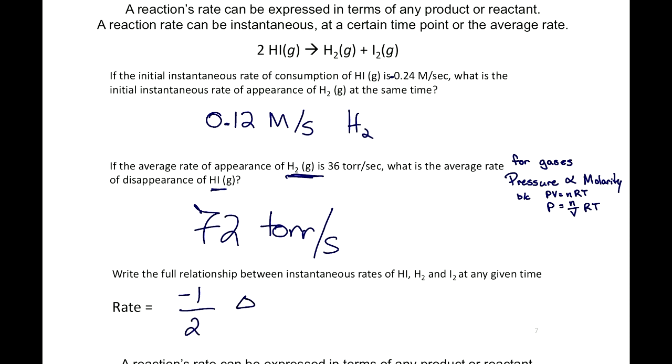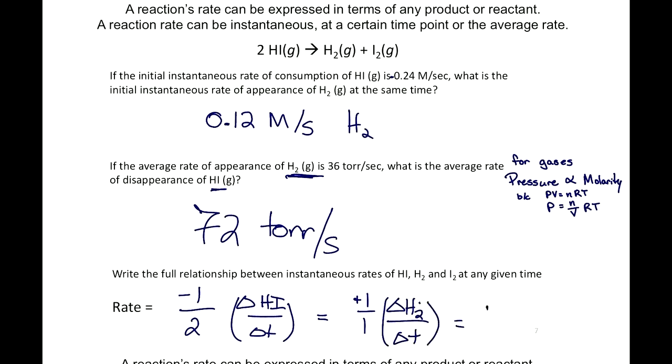So -1/2 change in concentration of HI over time, which could be molarity per second, torr per second, whatever, equals positive 1 over 1 change in concentration of H2 over time, whatever number that is, equal to also positive 1 change in I2 over time. So whatever hydrogen gas's rate is, I2 will also have the same production rate as well.